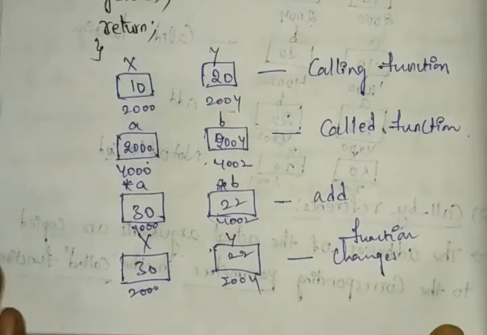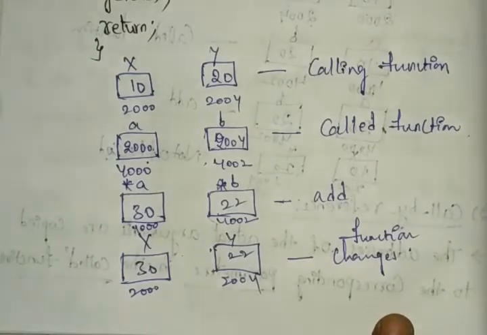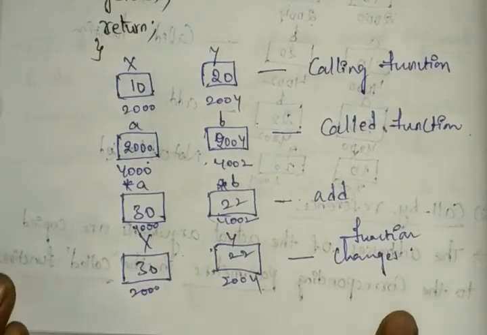Just remember, if you're working with call by value, the values will remain constant even if you modify the formal parameters. In call by reference, if we do modifications, the values of the formal parameters will be seen in our actual parameters.